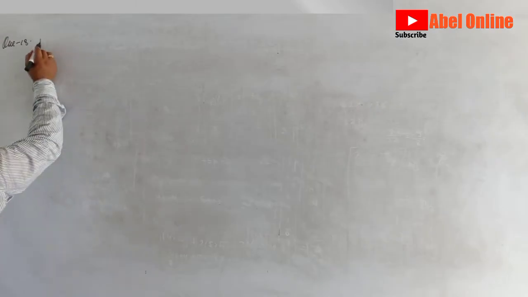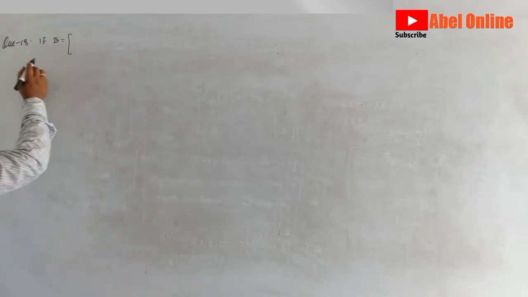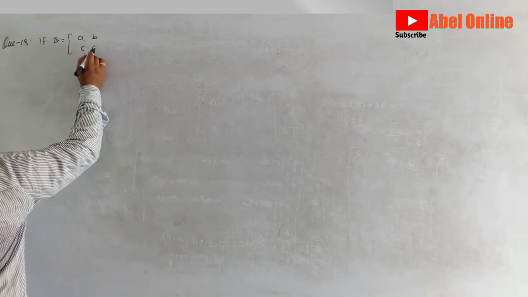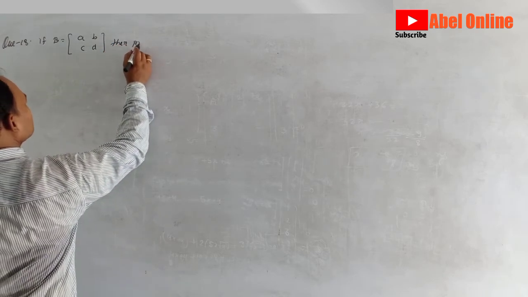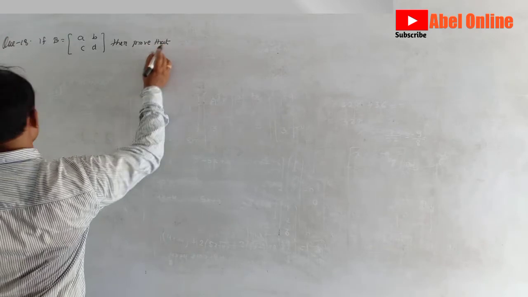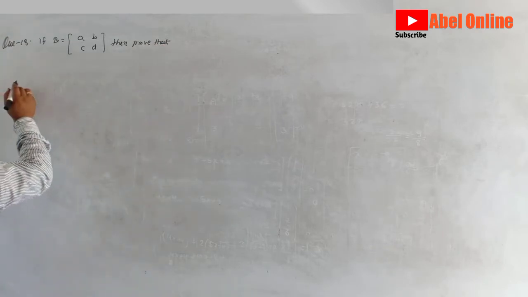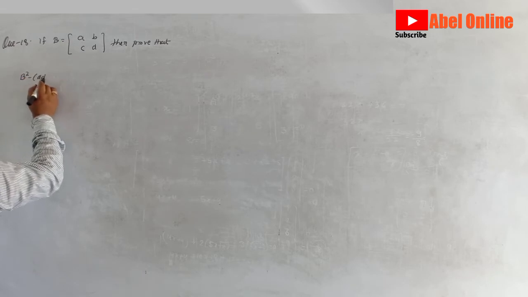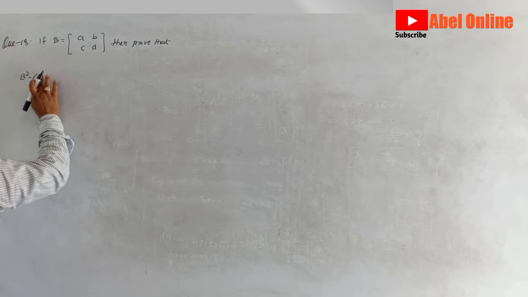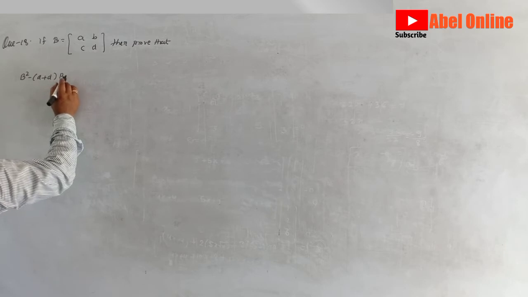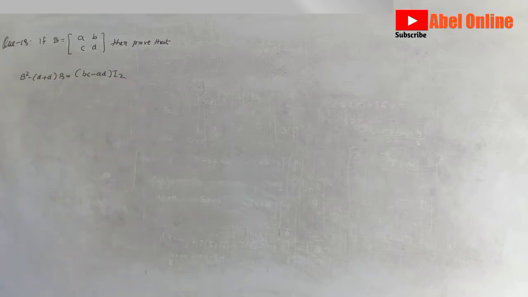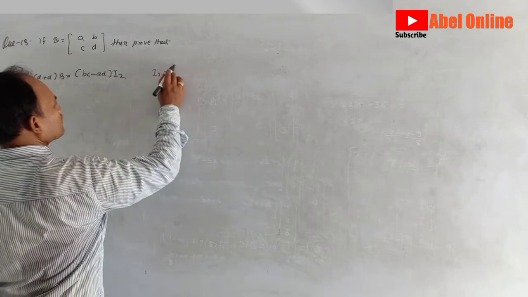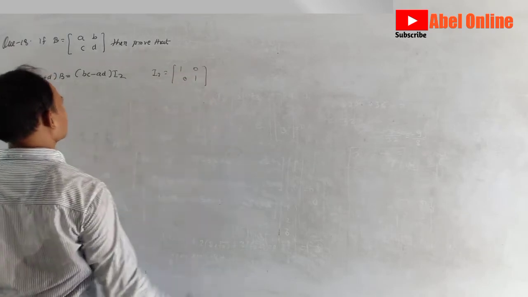Now, let B be the matrix with rows A B and C D, then prove that B square minus (A plus D) multiplied by B equals (BC minus AD) into I2, where I2 equals 1 0 0 1 is given.